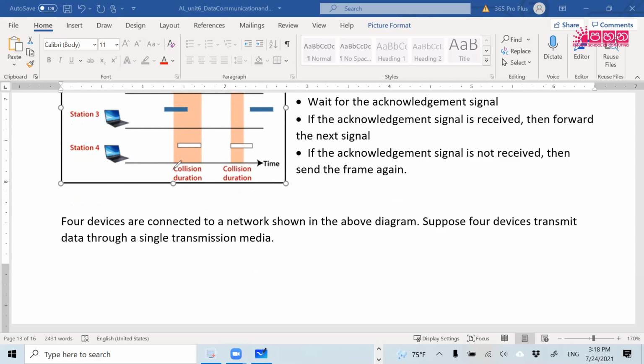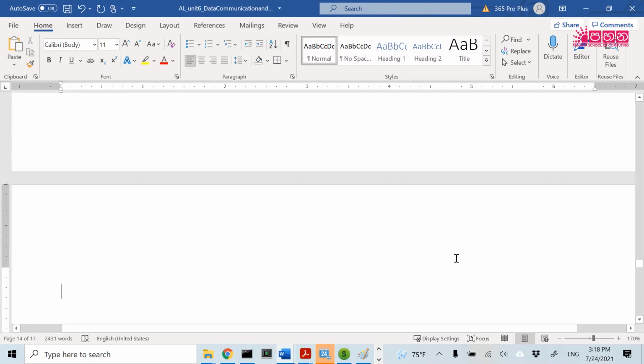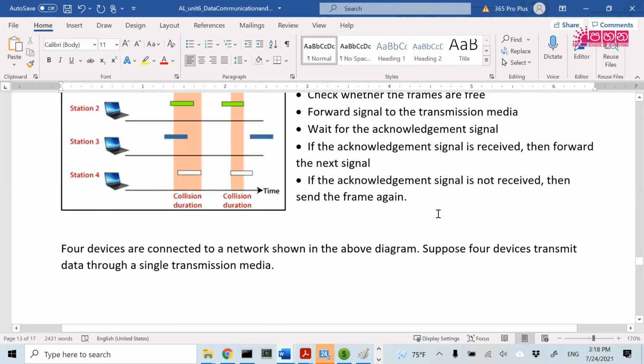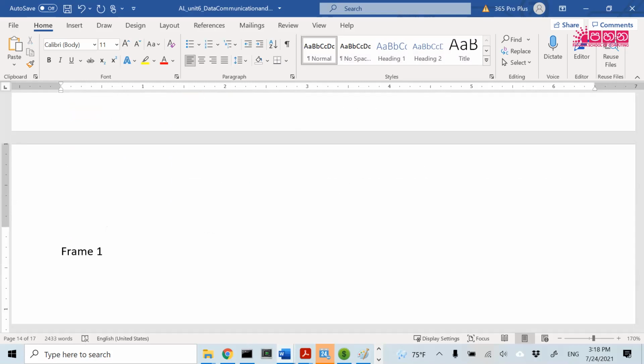If you take frame number one, frame one is forwarded to the transmission media by the first device.